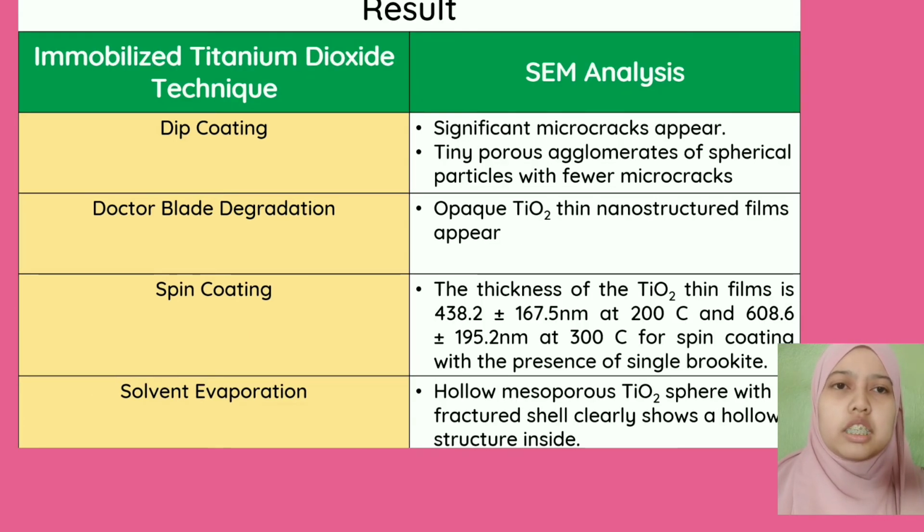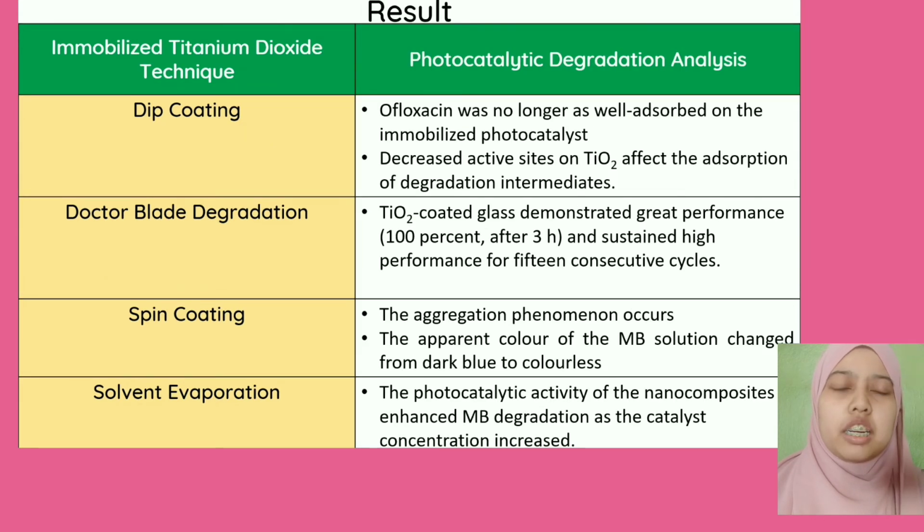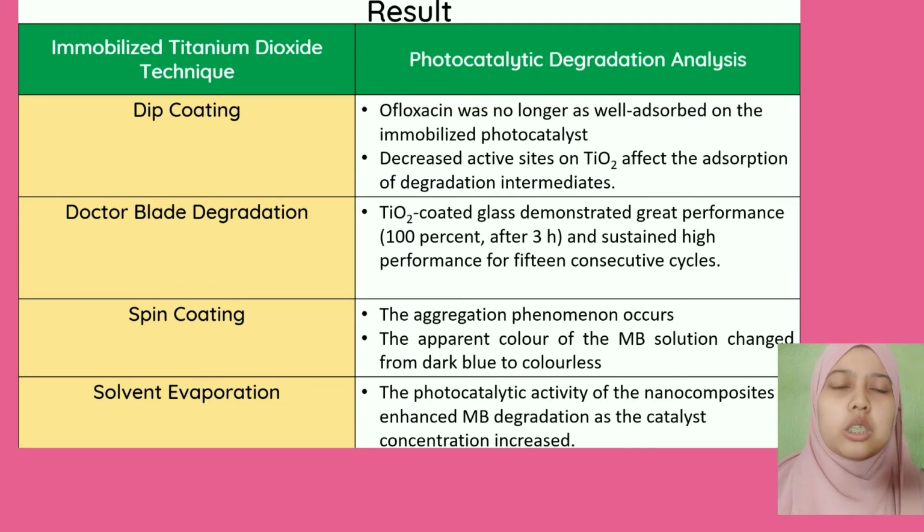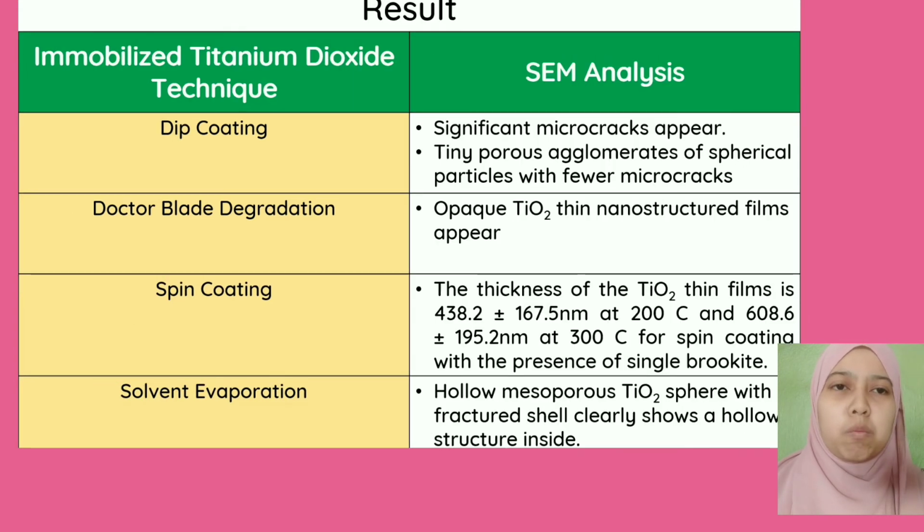The substrate is then rotated at a high speed in order to spread the coating material by centrifugal force. The apparent color of the methylene blue solution changes from dark blue to colorless during the photocatalytic experiment, proving methylene blue photocatalytic degradation.